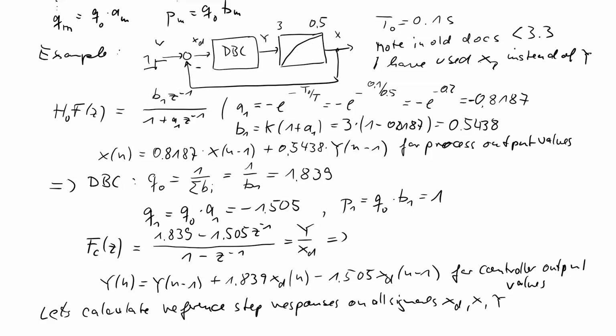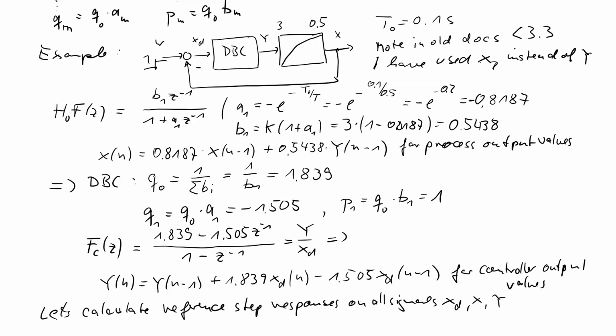So we can say the x value at 0, we can see this also with this equation: the old x value is 0, and there is only a reaction of the y which is delayed. So y of n-1 is 0. We assumed, of course, 0 initial conditions. All signals before we do this should be 0. So we know the output of x in the first moment is 0.